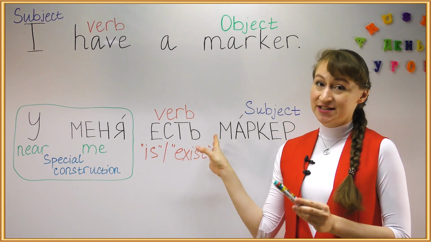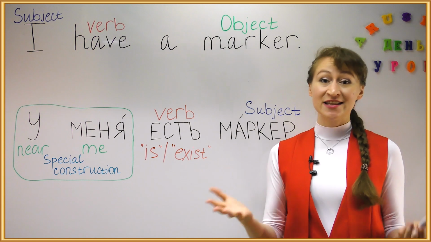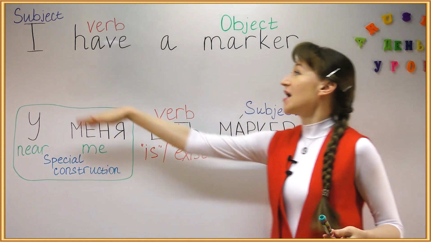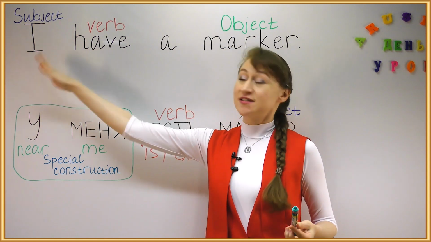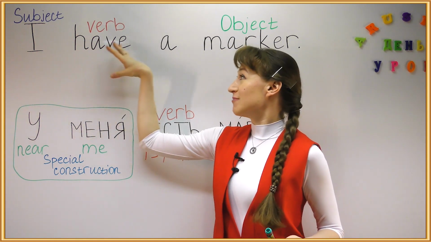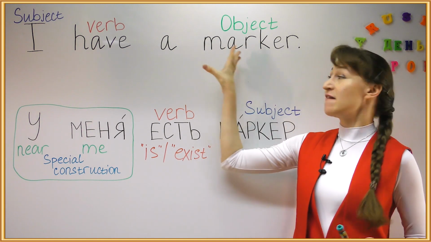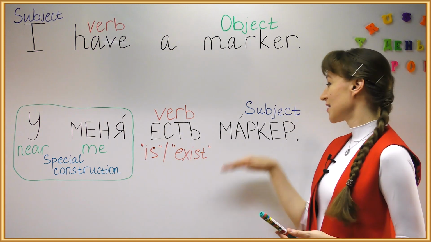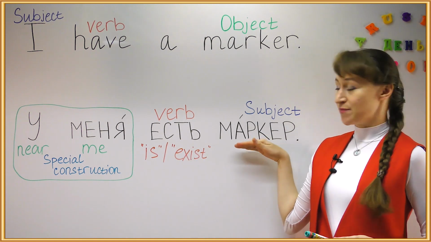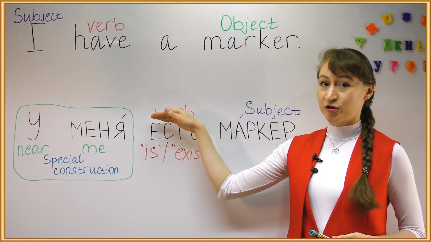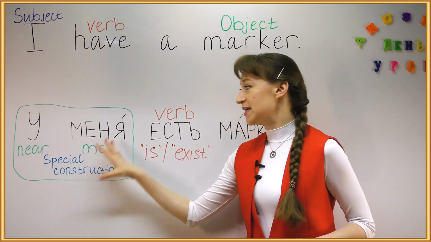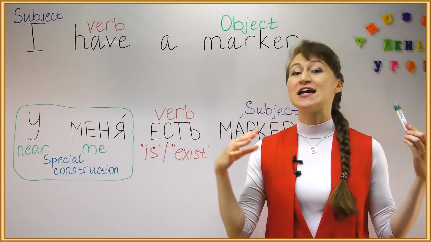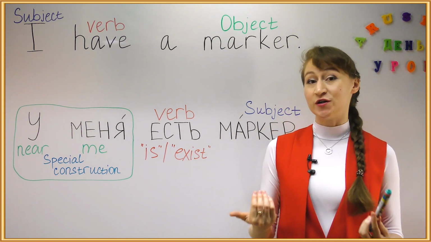So, in the English sentence, we have a standard word order. Subject, verb, object. I have: the subject controls the verb. I have, what do I have? I have a marker, object. In the Russian sentence, маркер is the subject, есть is the verb, and у меня, literally near me, is a special construction in my personal universe.